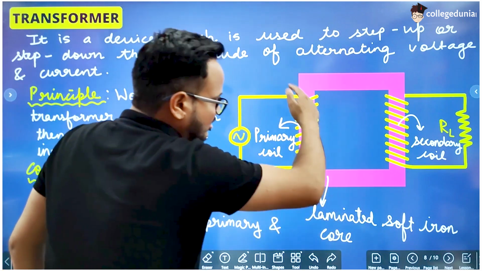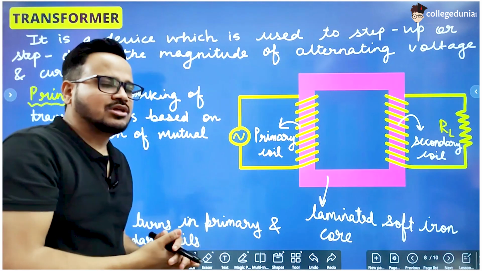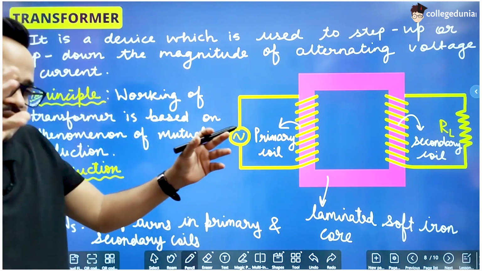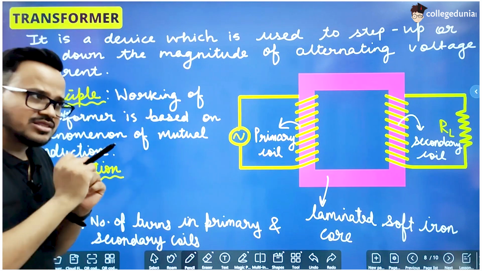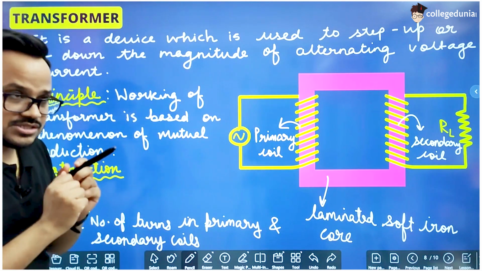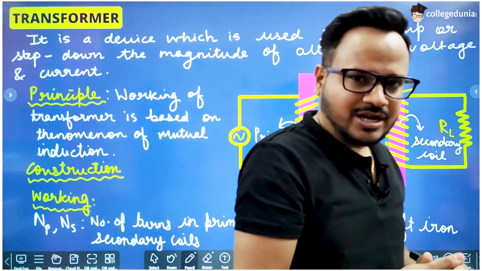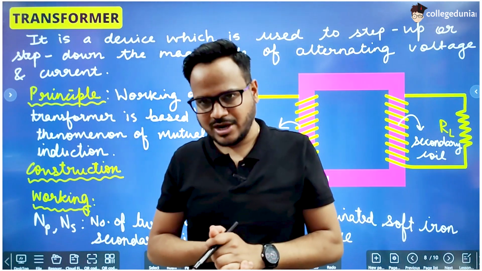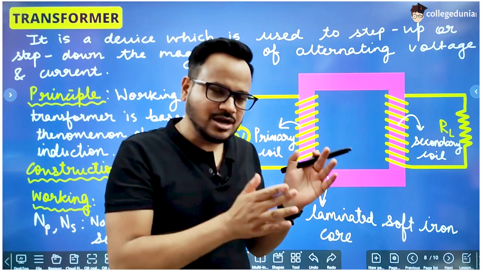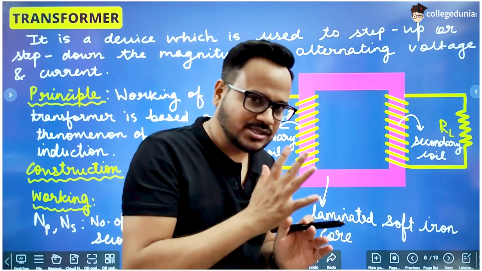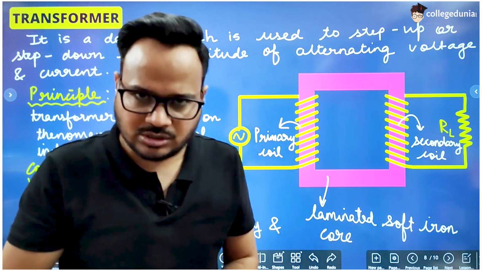When current passes through this coil, as looked at from one side of the coil, the current looks anti-clockwise, and from the other end it looks clockwise, right? So one end acquires north polarity and the other end acquires south polarity, but after some time the direction of current reverses. So the end which had north polarity now acquires south polarity, and the end which had south polarity acquires north polarity.